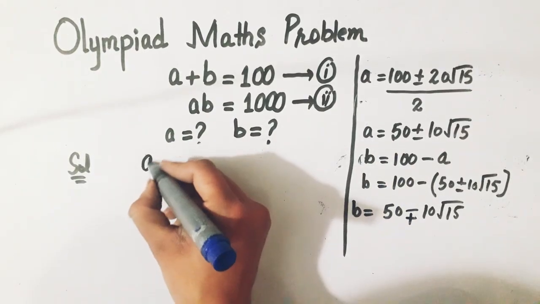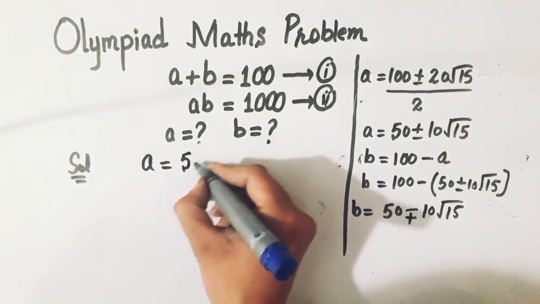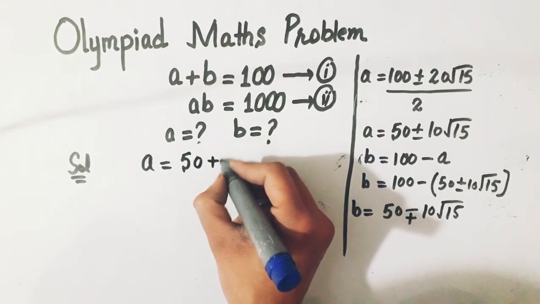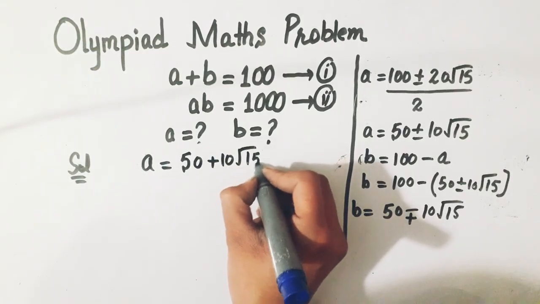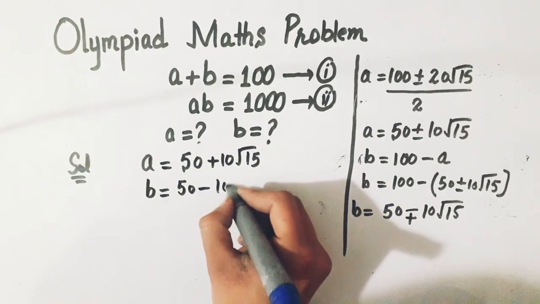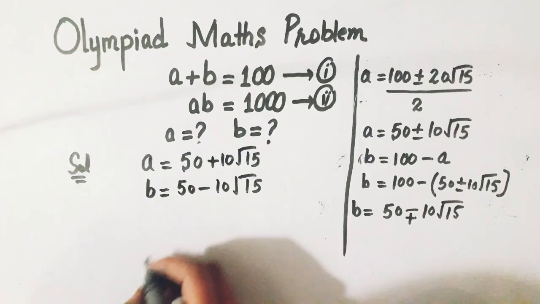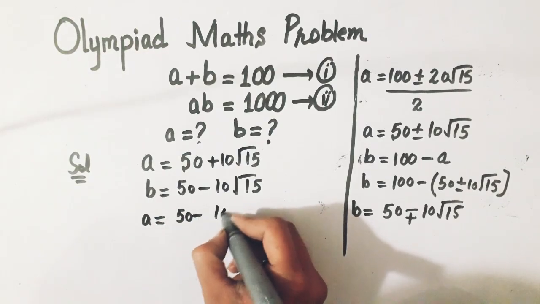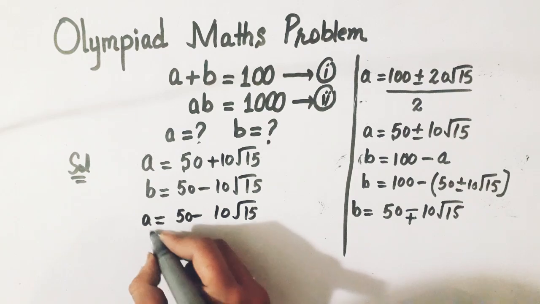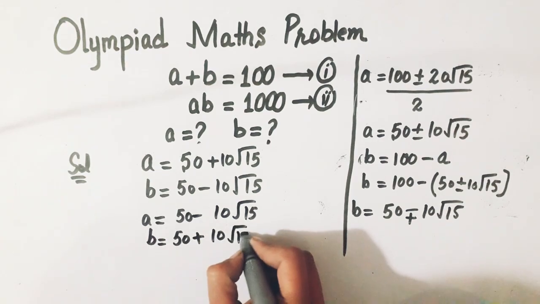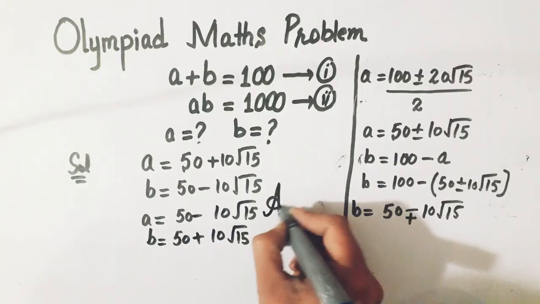So a equals 50 plus 10 root 15 and b equals 50 minus 10 root 15, and a equals 50 minus 10 root 15 and b equals 50 plus 10 root 15. So this is the final answer.